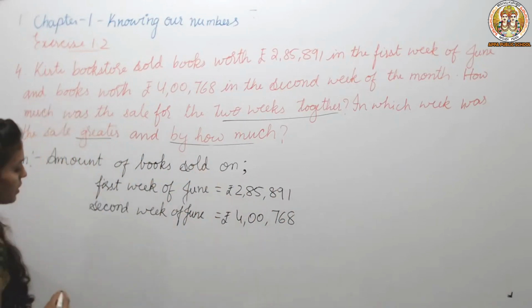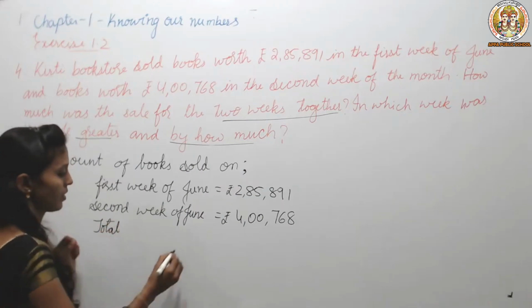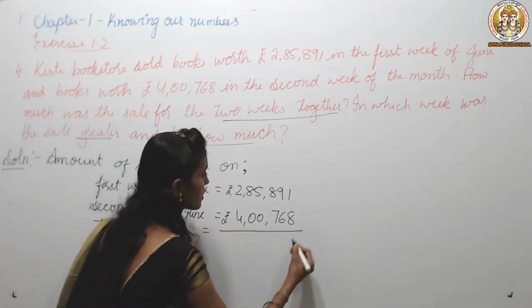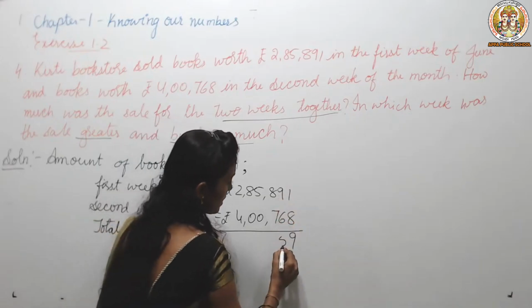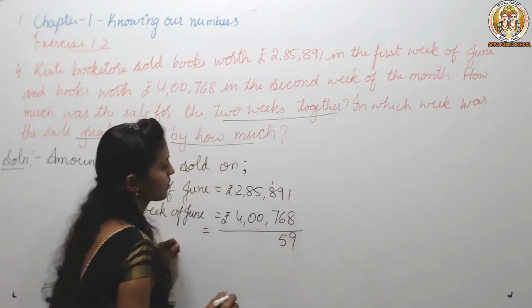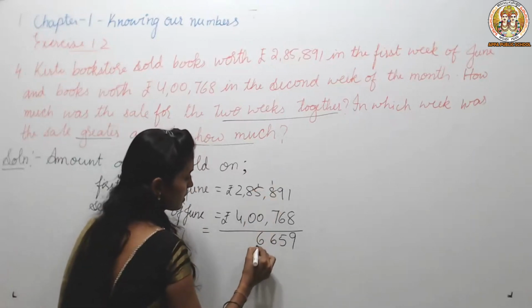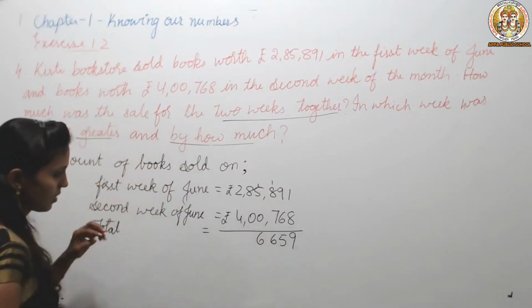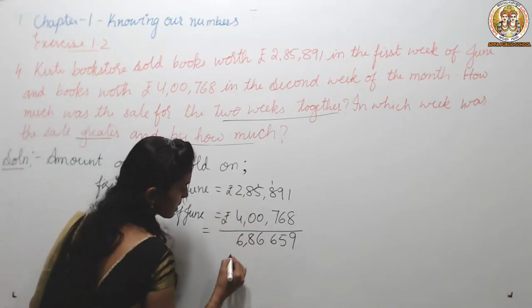Now, together means total is: 9 plus 6 is 15, 8 plus 8 is 16, 6, 8, 6.